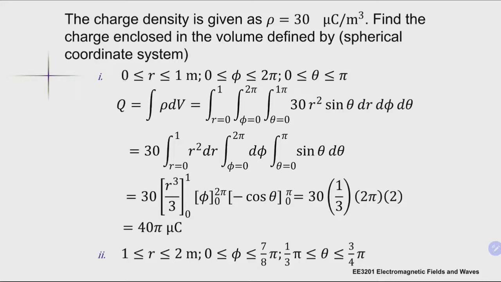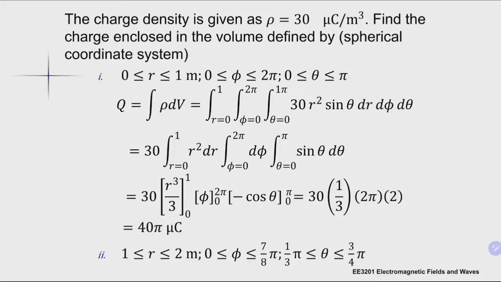It's going from 0 to 1 in the radial directions, 0 to 2 pi in the azimuth angle, and then 0 to pi in the elevations or the polar angle. So our Q, our charge, so here it's not asking for the electric flux, it's just asking for the charge. Actually, they're the same thing.